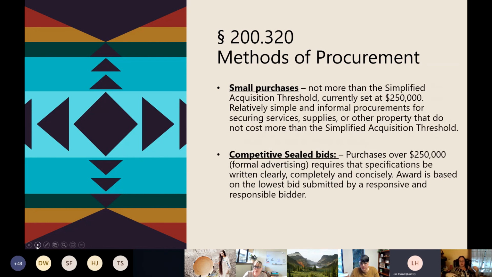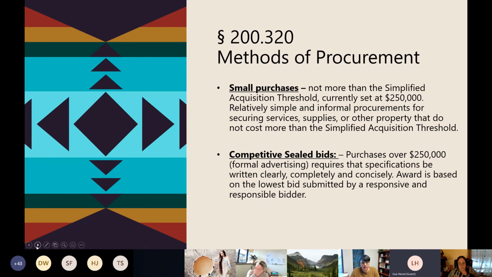Small purchasing, not more than the simplified acquisition threshold, which is right now up to $250,000. Relatively simple and informal procurements for securing services, supplies, other property, as long as they don't cost more than that simplified acquisition threshold. Competitive sealed bids for purchases over $250,000 require formal advertising.